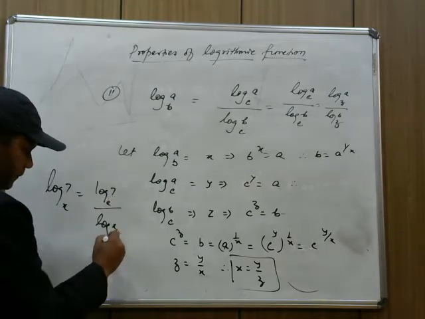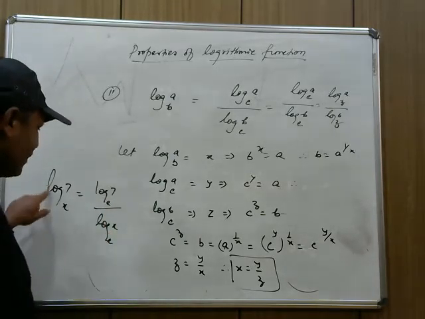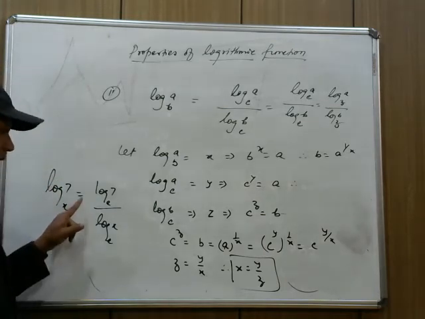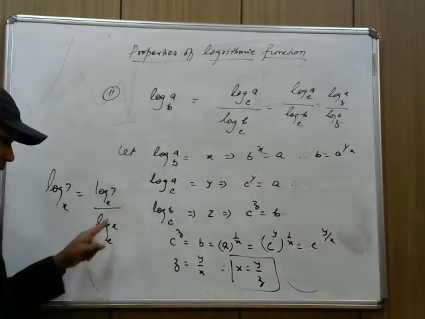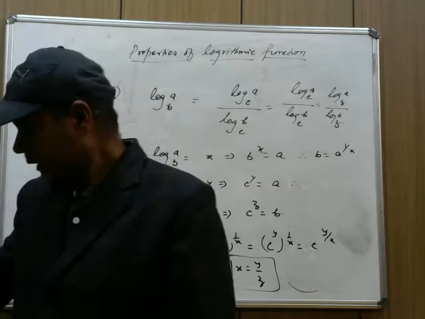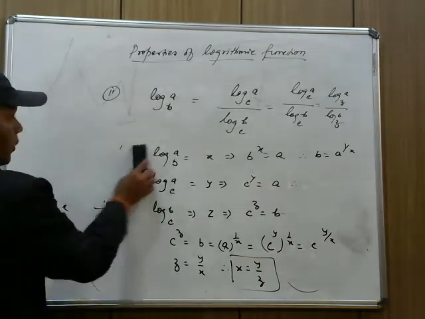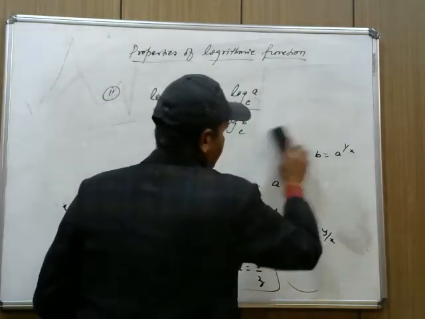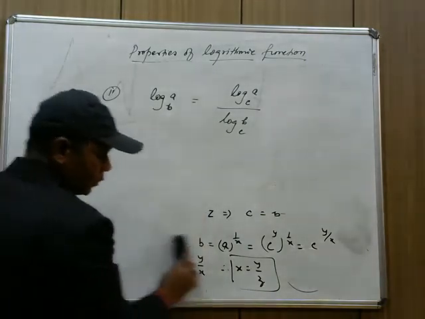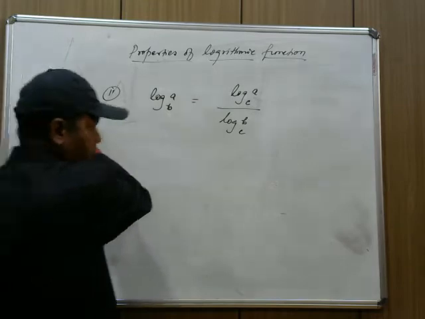Here the base is the same. Natural logarithm I have taken now. That's why log of 7 to the base x, I can write log of 7 to the base e upon log of x to the base e. Right? Now, in this way, I have discussed the second property of logarithms. You have to remember this part, it is very, very important. Whether you know the proof of this or not, that doesn't matter, but the property you should remember.